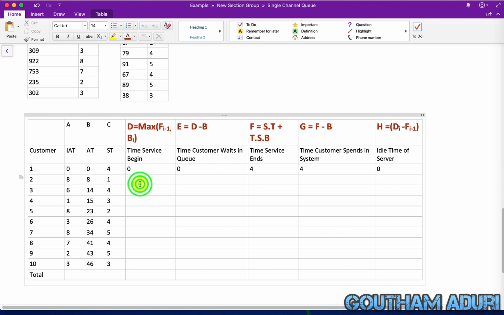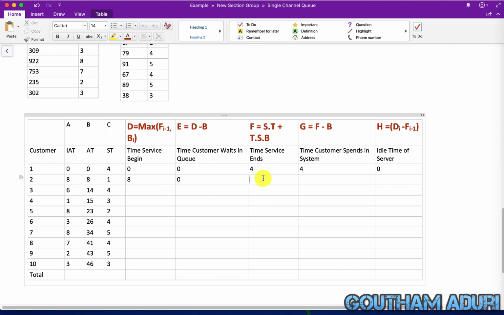So for the next one, for the time service begins, you have to compare the time service ends of the previous one, F I minus 1, and the current arrival time, B I. So 8 will be greater, compare 8 and 4, 8 will be greater. Time customer waits in the queue is D minus B, it's 0.